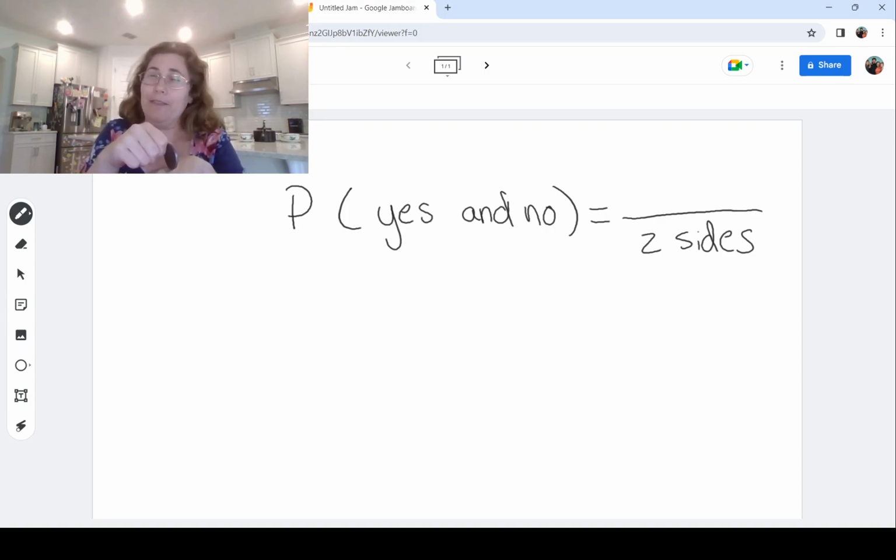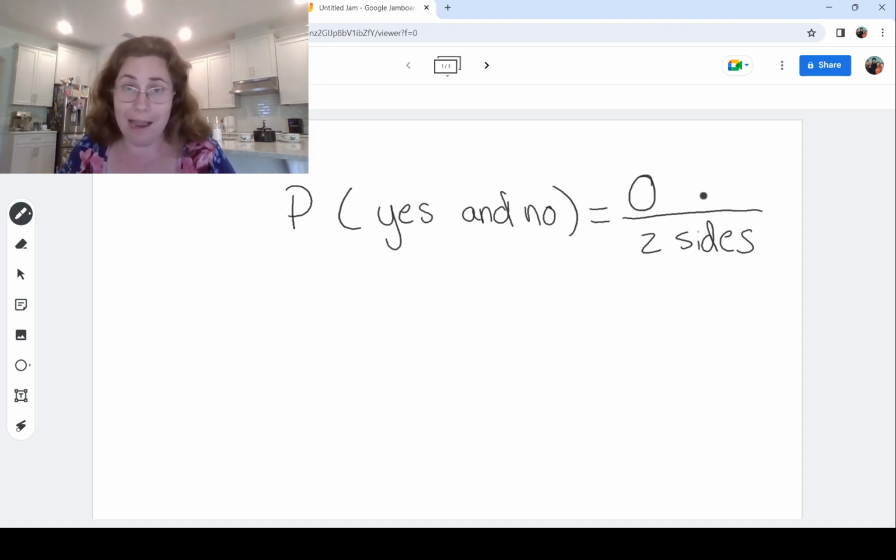The likelihood of that happening is next to 0, and that's even a word that you might hear. The book talks about it saying unlikely. It's pretty much impossible that when you flip a coin it's going to not land on one of the sides. So there are 0 sides that say yes and no at the same time. So the probability is 0.